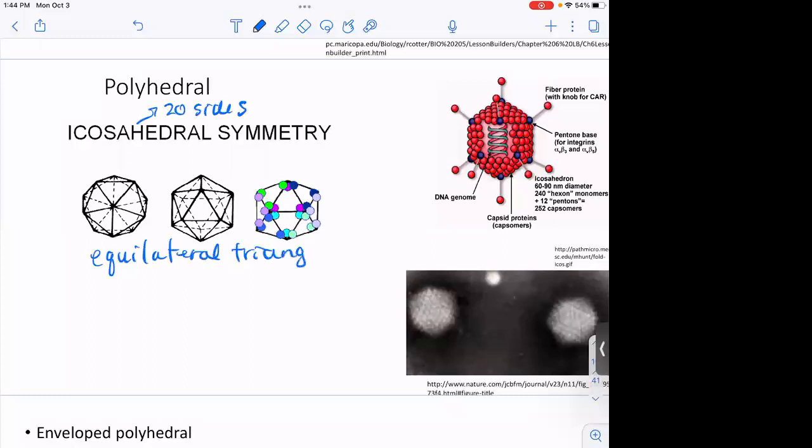Remember your geometry, that means that every side is the same length. So that has really high strength and stability. Okay, so that's very popular. It's going to be a very strong structure to, again, keep that nucleic acid protected.